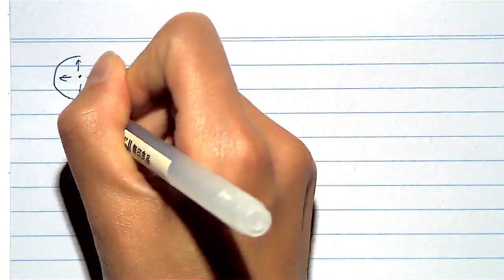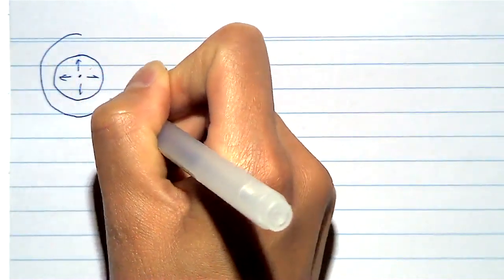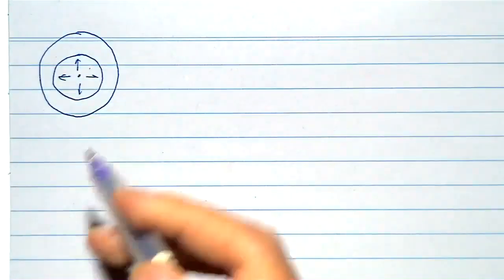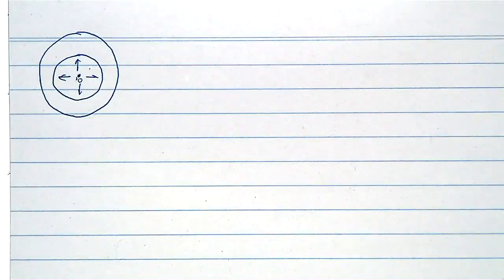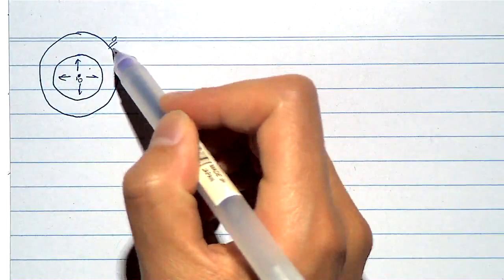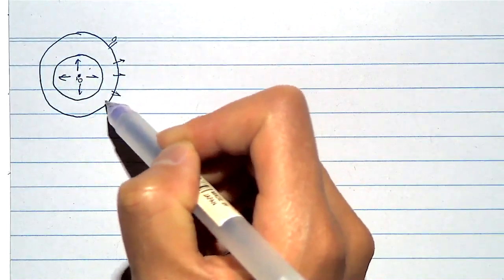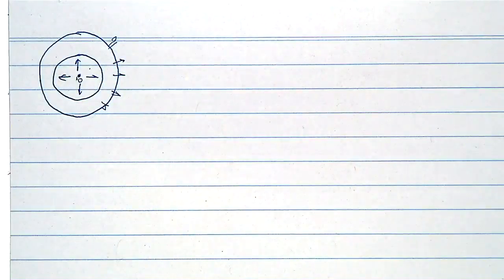The conservation of mass means that if you draw a circle around it, no matter what the radius of the circle is, whether you draw a circle here or a larger circle, as long as these circles are centered at this point, then the volume of the flow passing through each circle along the radius direction should be a constant.